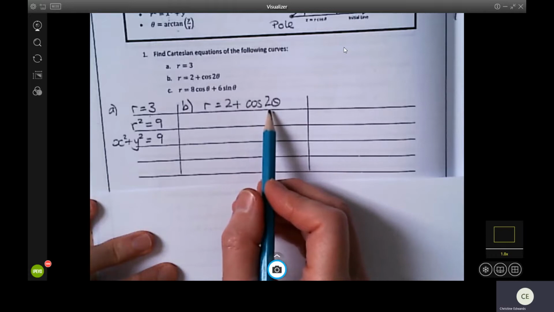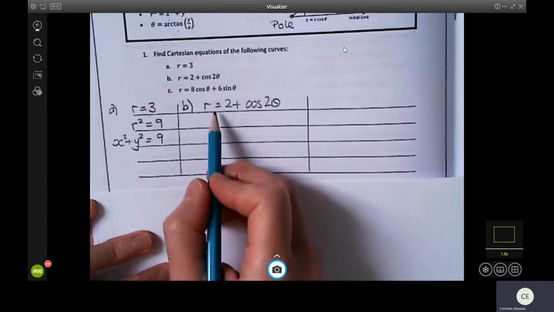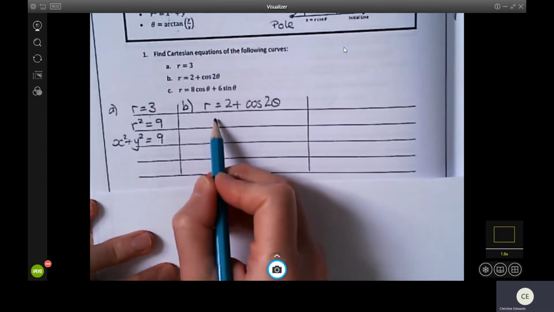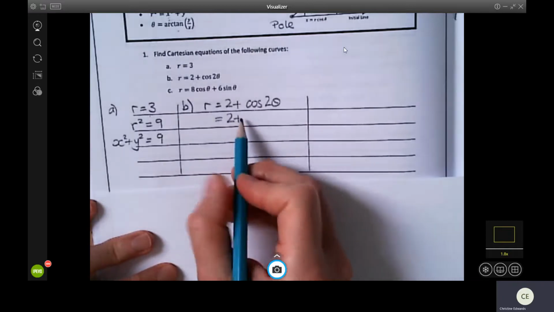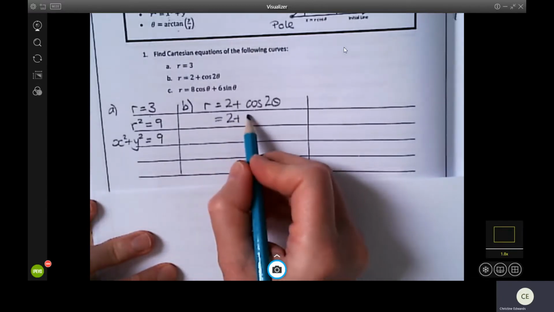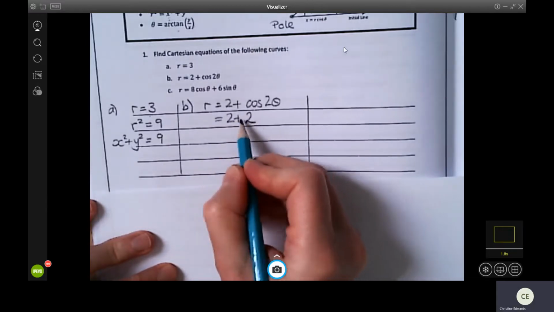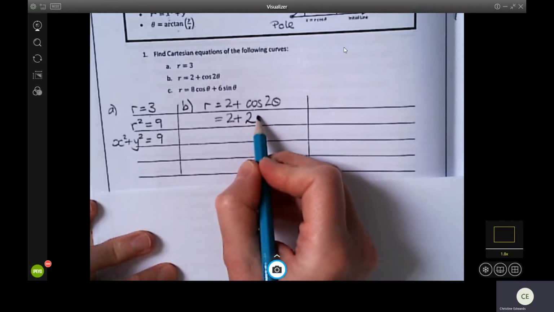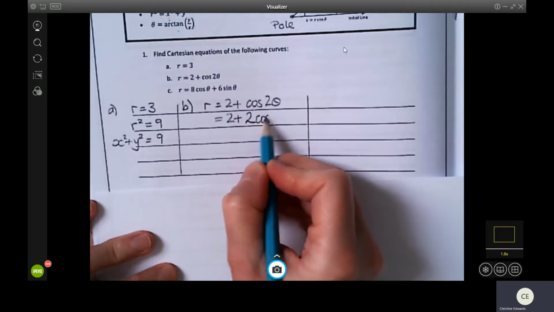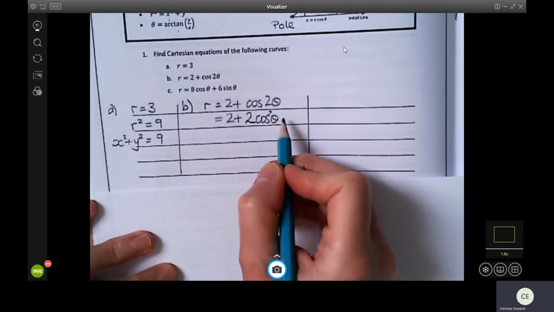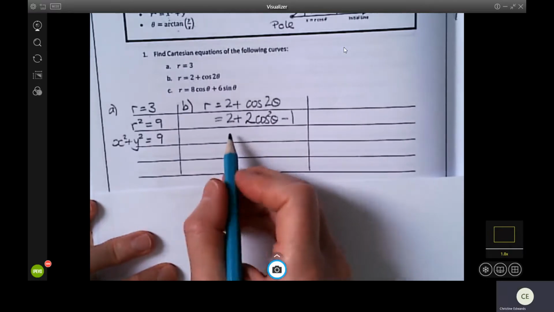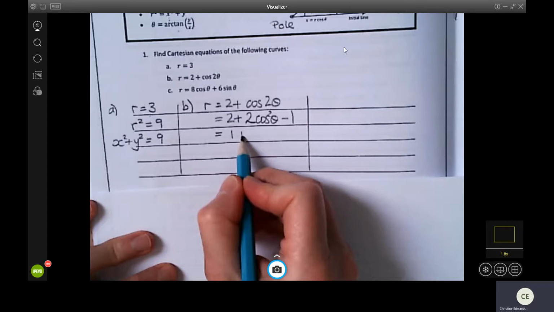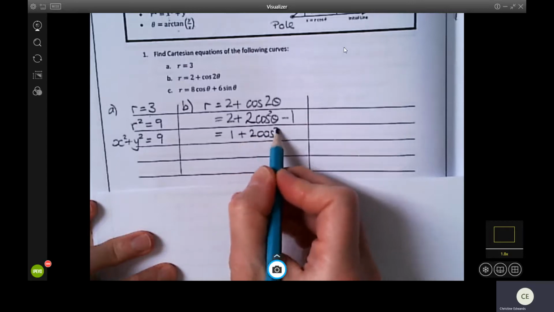I'm going to have to convert it into something that just contains cos theta or sin theta. So I'm going to use my double angle formulae. I'm going to go for the cos version. So I'm replacing cos 2 theta with 2 cos squared theta minus 1. That gives me 1 plus 2 cos squared theta.